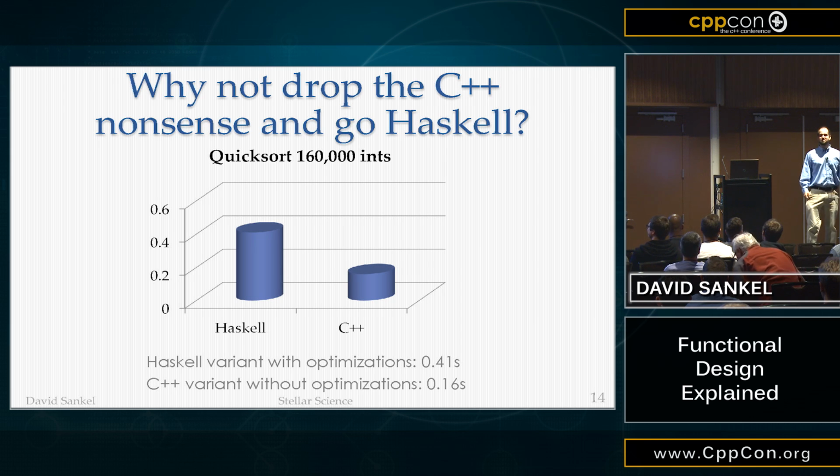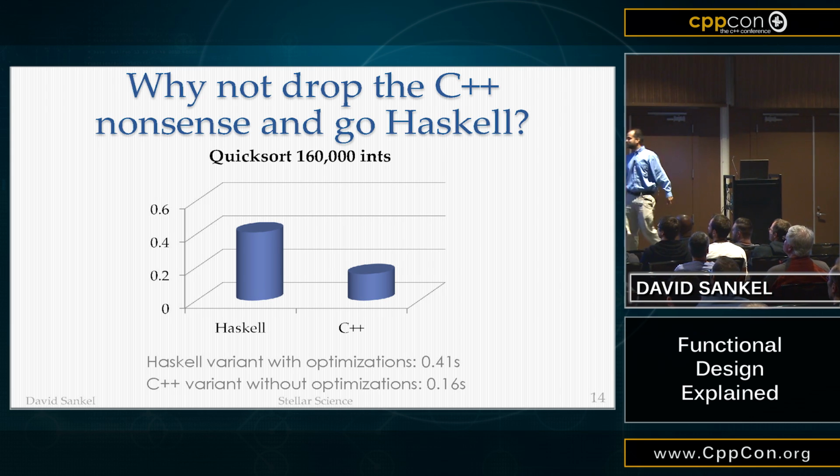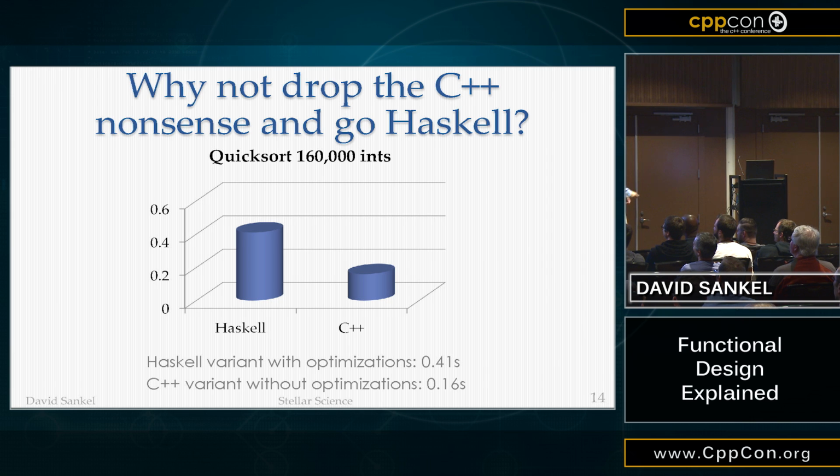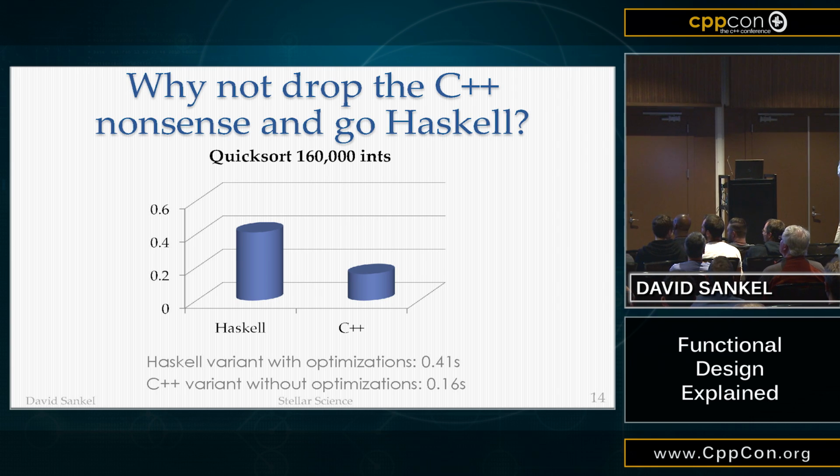So, here's one reason. Let's say we're doing a quicksort, and if you've looked at Haskell at all on the internet, you'd see this really beautiful quicksort implementation. It just turns out to be 4 times slower with optimizations than the first implementation I could find in C++ without optimizations. This is a problem.